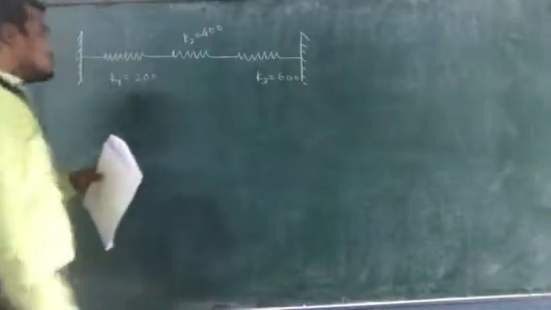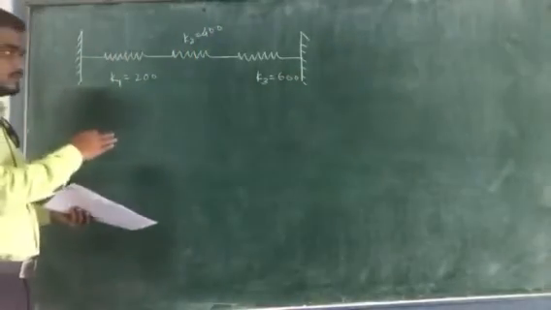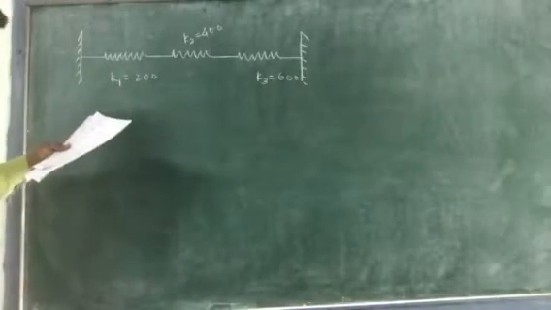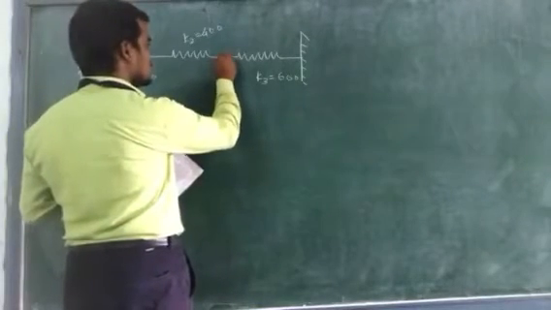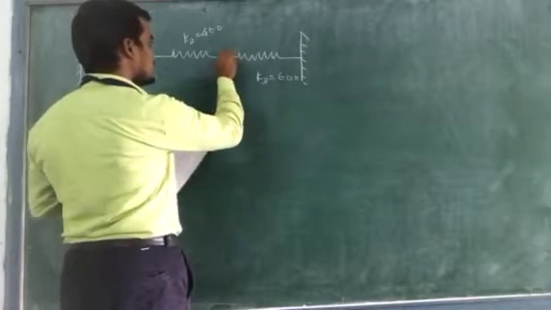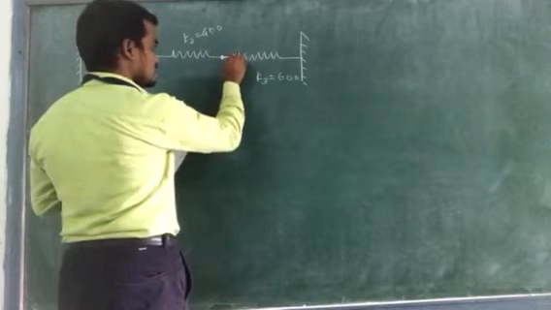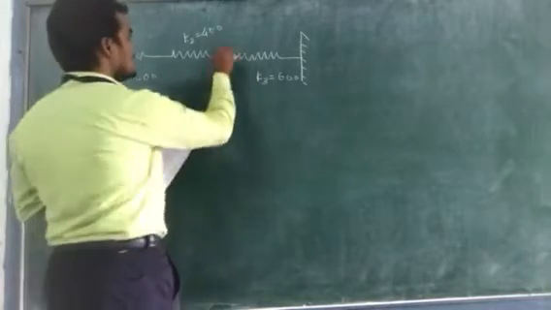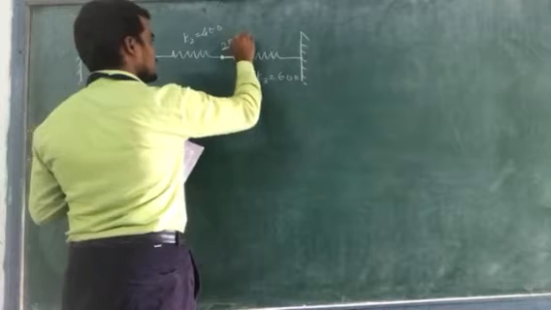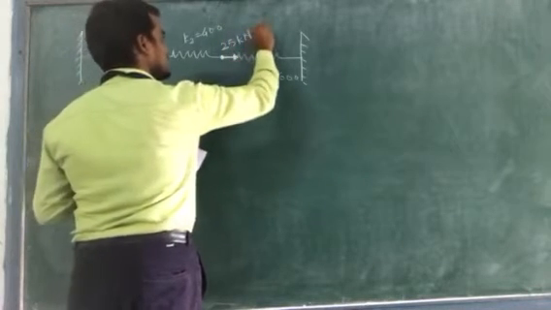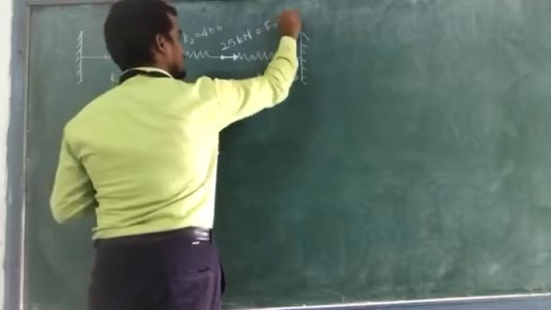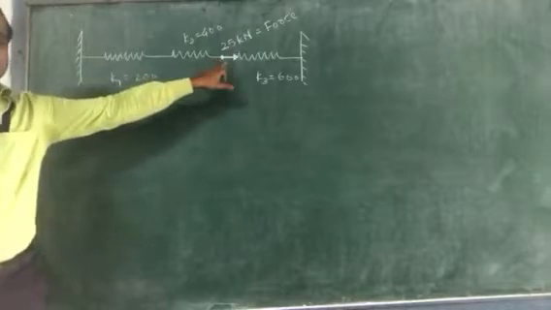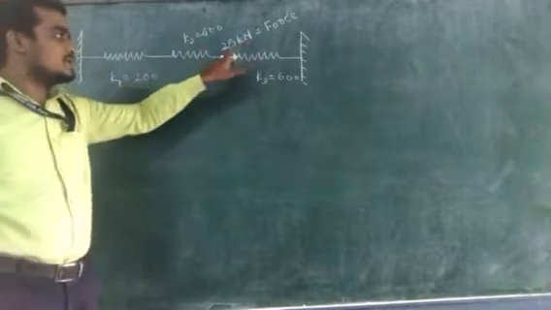Actually its unit is kilonewton per meter or newton per meter, but the unit is not given. Another thing they mention is that there is a force at this point, a force of 25 kilonewton acting at this node.